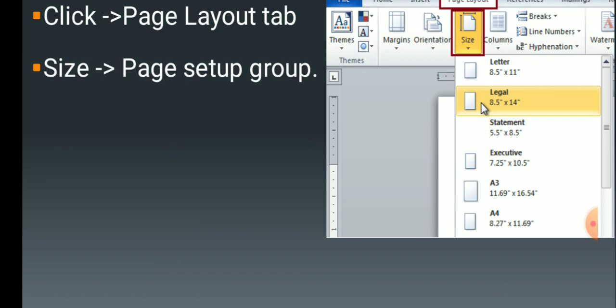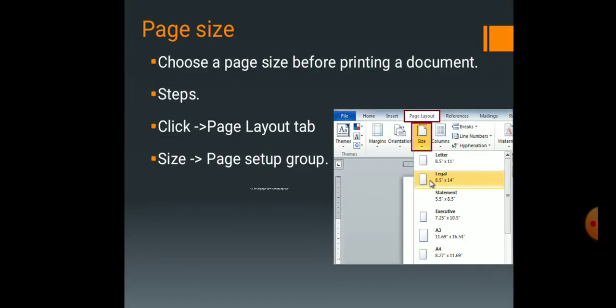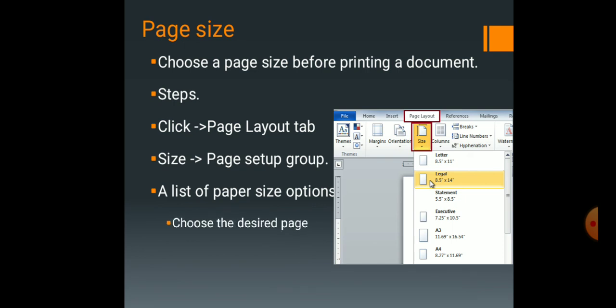Likewise, we have a list of options. From this list, we can choose any desired option, according to which page size is needed. Is it clear, children? So setting page properties means we go to the page layout tab. Under that we can change the page margin, page orientation and page size. Are you clear, children?